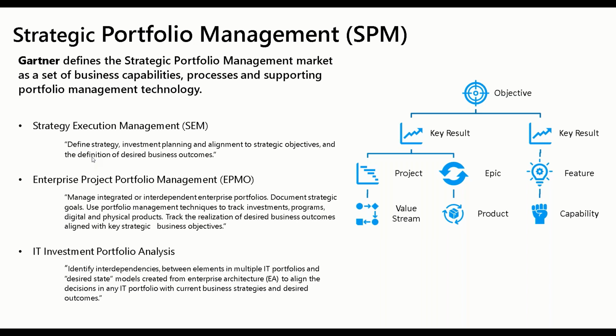So we're now at the lower level, where we are looking at the portfolios of projects and epics that actually get us to the key results, which get us to the objective.